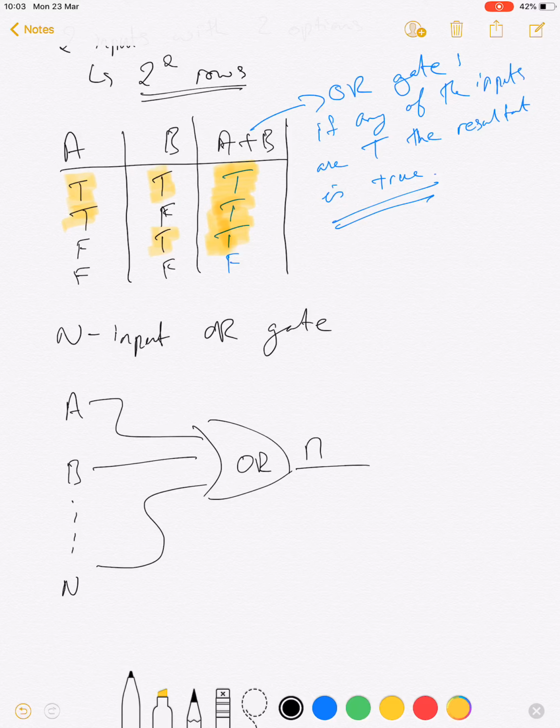And then the output is going to be A or B up to N. Because this gate is just looking for a true, wherever we have a true, we should then yield a true on the output of this particular gate. Okay, so that should really explain what an OR gate is.